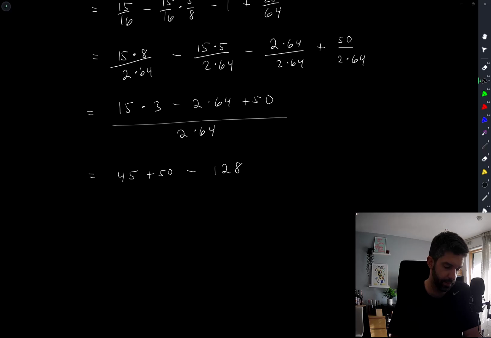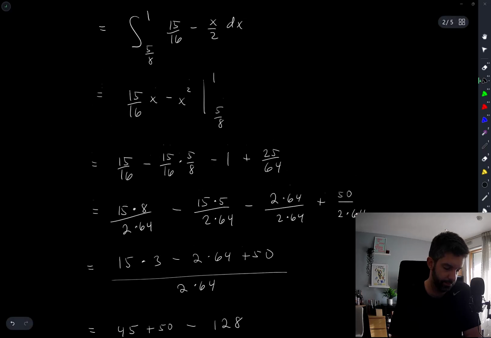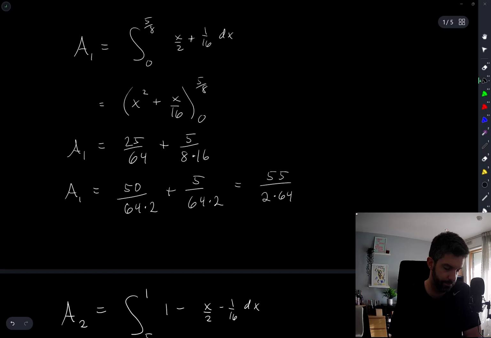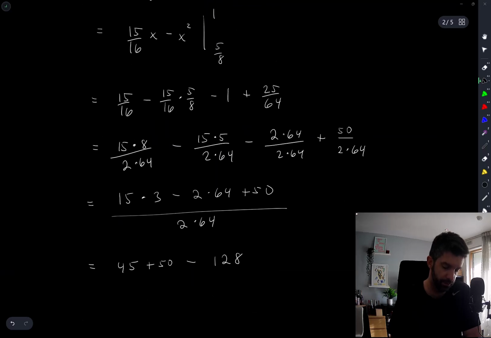Have I made a mistake? This area should still be positive. Am I missing a number?